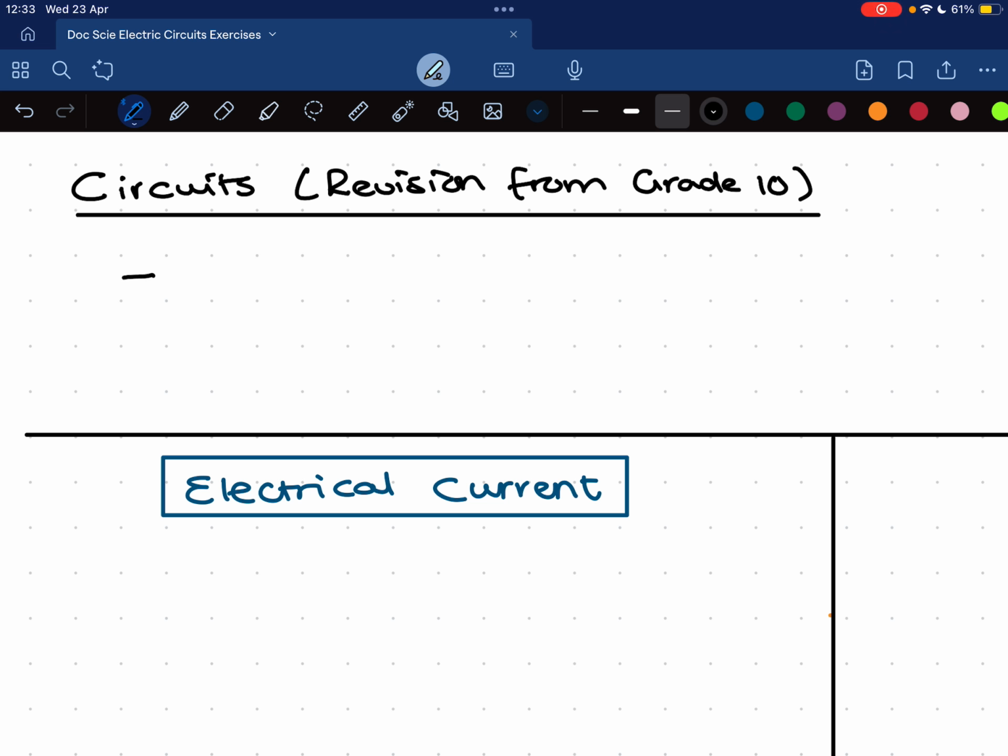Okay, so if you can recall, from our grade 10 knowledge, we discussed three main things when it came to electrical circuits. And the first thing that we looked at is electrical current, which looks at how electricity is flowing through a circuit via electrical charge. Then the second thing we looked at is potential difference, which was the energy that was needed in order for electrical charge to flow.